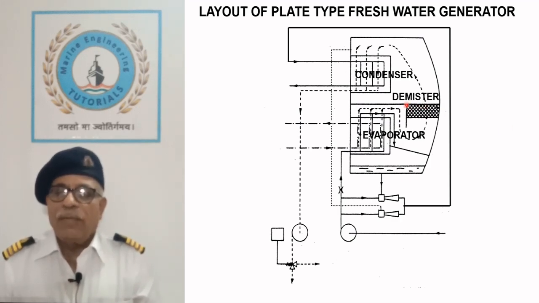Freshwater generator shell is sealed by a hinged cover which holds knitted monel wire demister in line with the division plate and prevents the entry of seawater droplets along with water vapor.